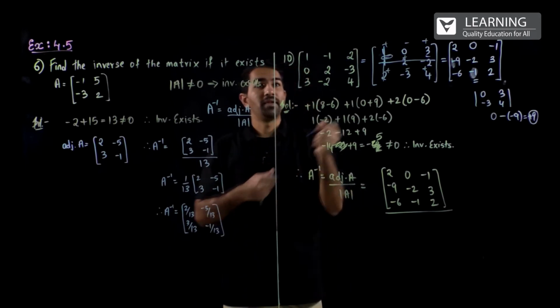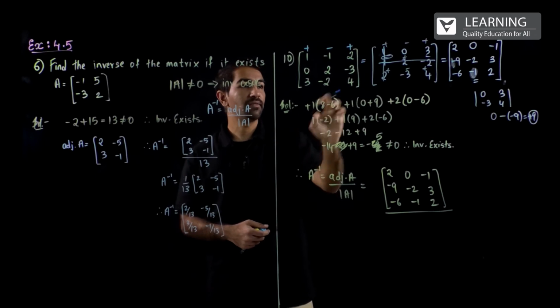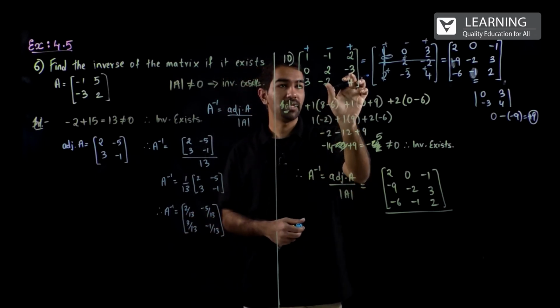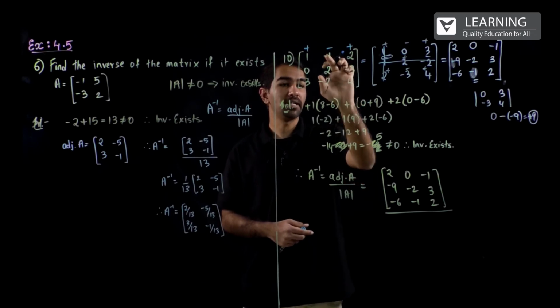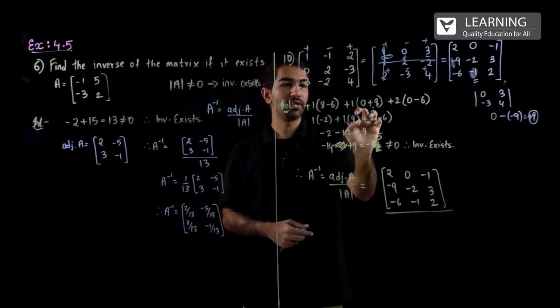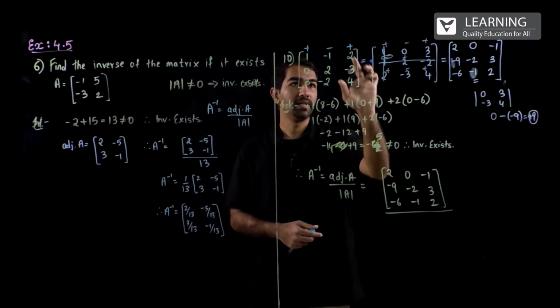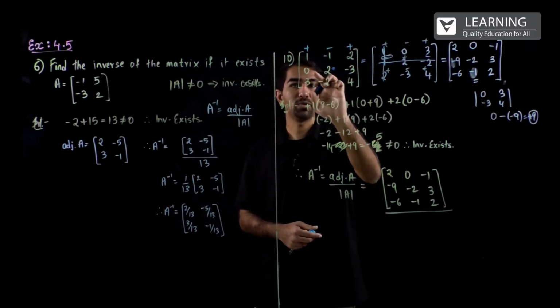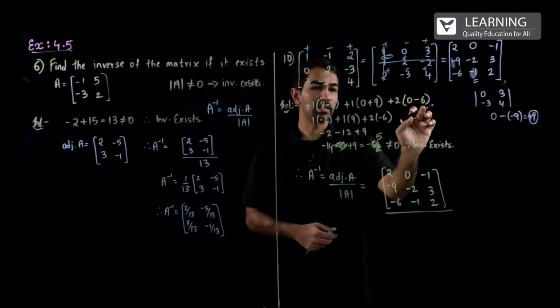So here we'll write the cofactors, plus, minus and plus. So plus 1 of 8, minus into minus is plus, minus 6, minus into minus 1 is plus 1, 4 into 0 is 0, 3 into 3 is minus 9, minus into minus is plus again, plus 2 as it is, minus 2 into 0 is 0, 3 into 2 is minus 6.